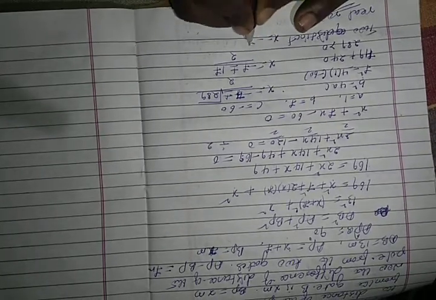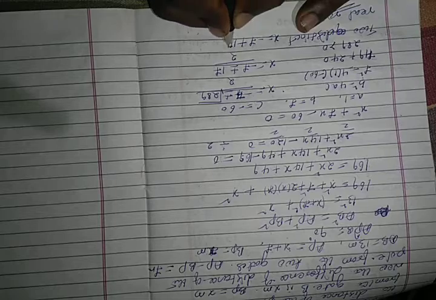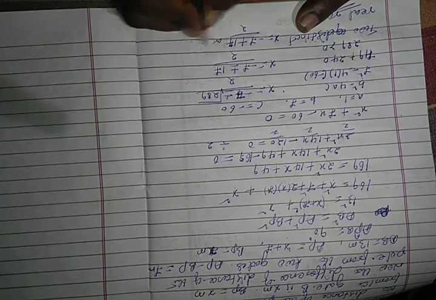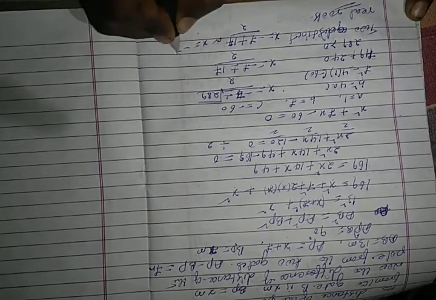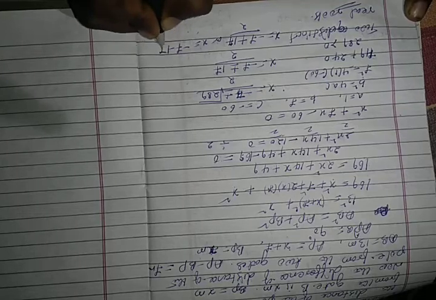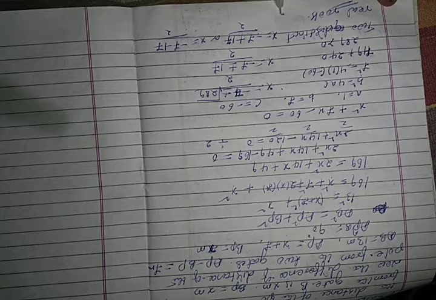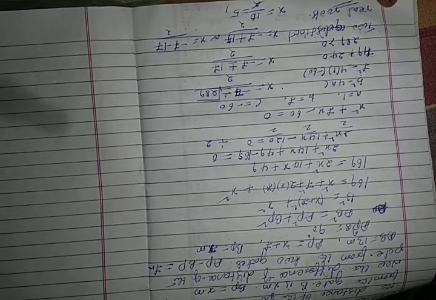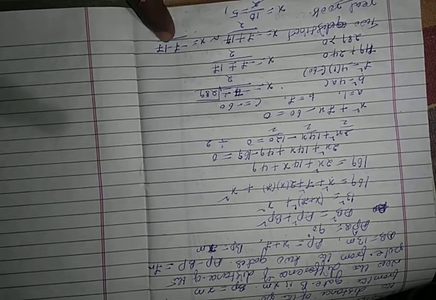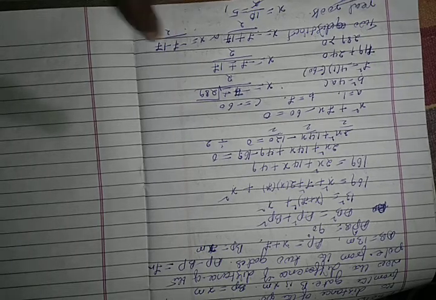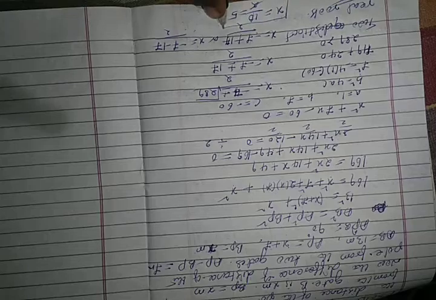So x is equal to minus 7 plus 17 divided by 2, or x is equal to minus 7 minus 17 divided by 2. 17 minus 7 is 10, x is equal to 10 divided by 2, that is 5.